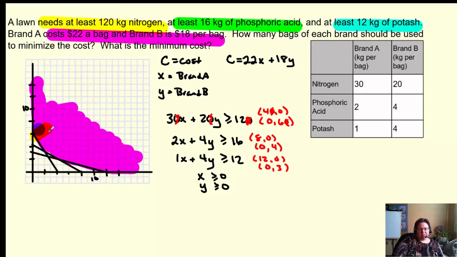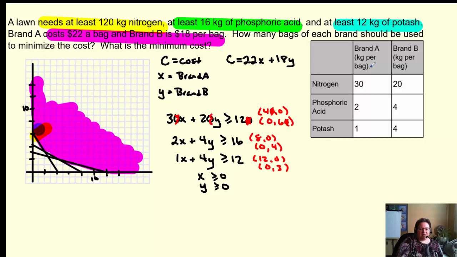Does this region need to be stippled? In other words, does it make sense to have decimals and fractions, or is it discrete? And the answer is no, I don't have stippling this time because my data is continuous. It's not discrete. It makes sense to have decimals and fractions this time because I can have 1.5 kilograms of nitrogen, and I can have 6.5 kilograms of phosphoric acid, and I can put in half a bag of brand A. I don't have to put the whole bag in.